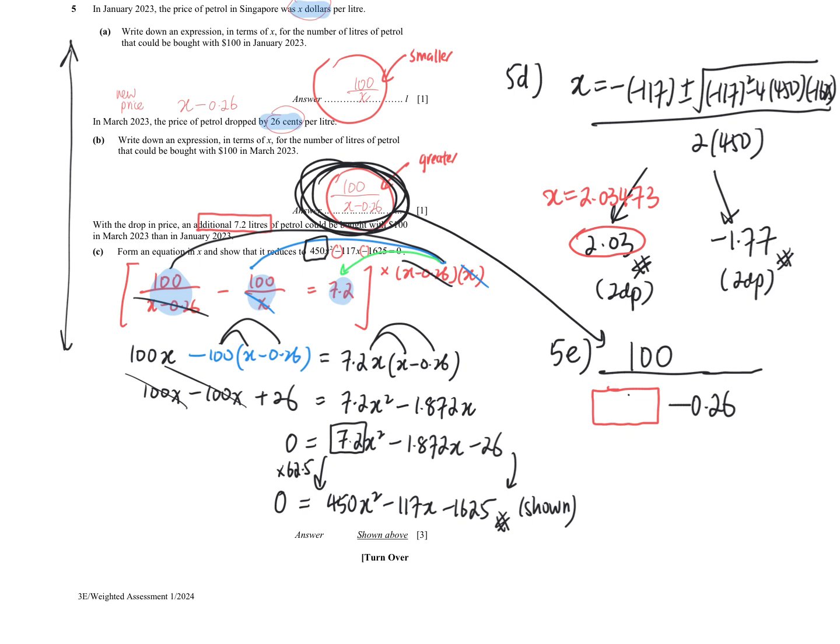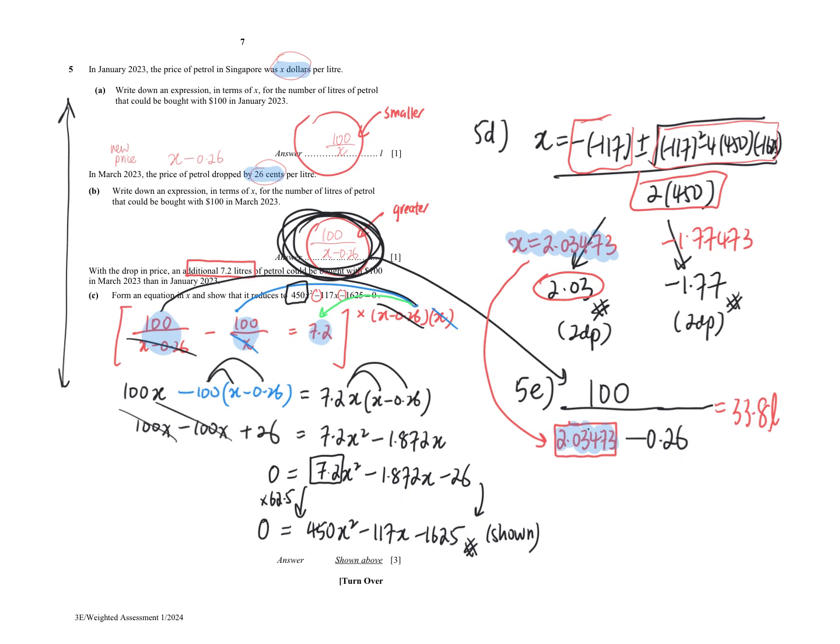Remember we always say, when you calculate this, go and simplify first and find the 2 values before that, so that when you use it, you use the more exact one. Then you will get 33.8 liters. Some of you get 33.7 or 33.9 because you are using an inaccurate value that you rounded off so much already. So use the more actual one, then you won't lose the accuracy mark. So this is the whole of question 5.